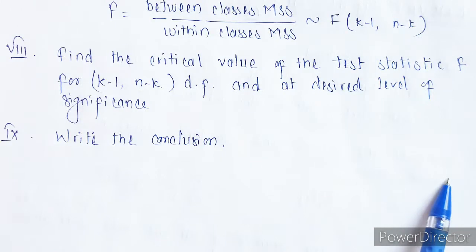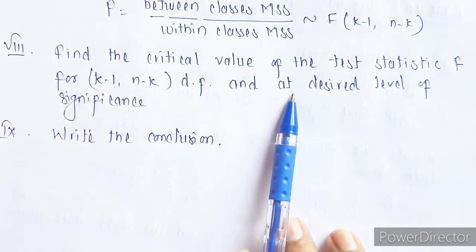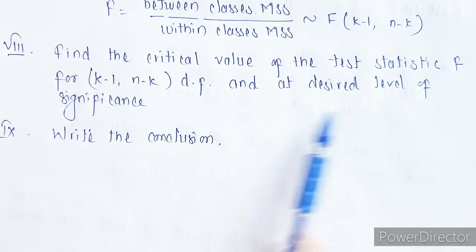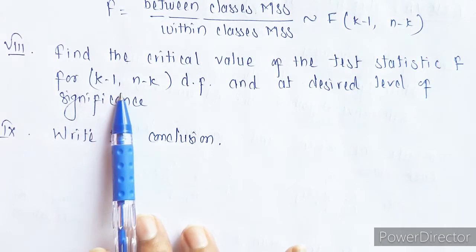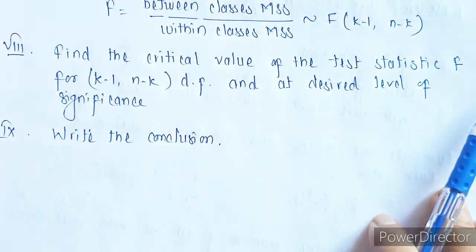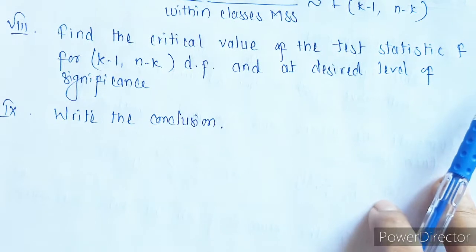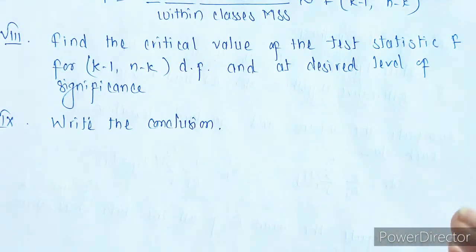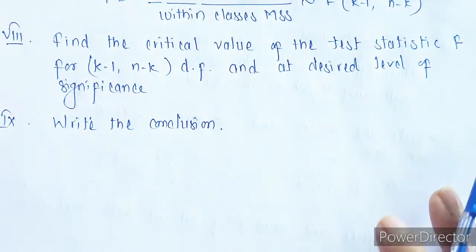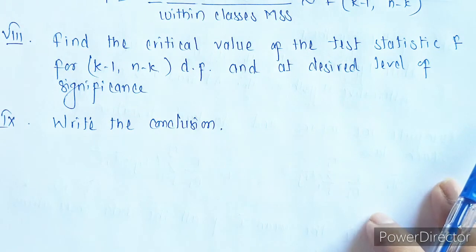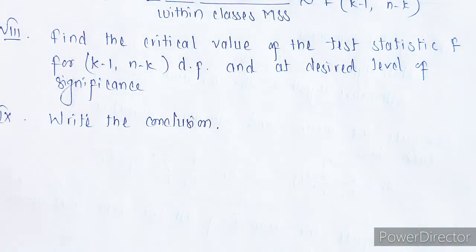And next we need to find the critical value using the table, with respect to the degrees of freedom k minus 1 and n minus k. And the last one is we have to write the conclusion based on this critical value with the desired level of significance.